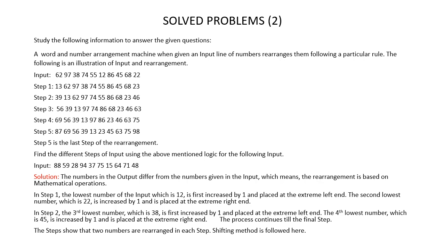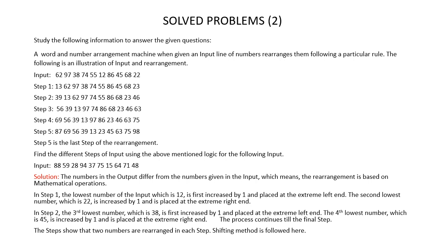Now 38 is the third lowest number, and it is increased by 1 to get 39, and 39 is placed at the extreme left end in step 2. 45 is the fourth lowest number, and it's increased by 1 to get 46, and 46 is placed at the extreme right end in step 2.